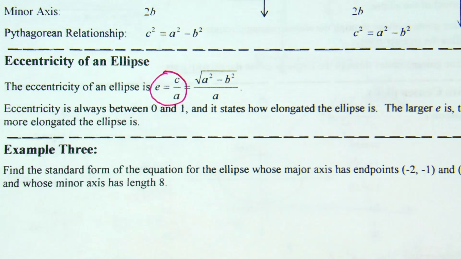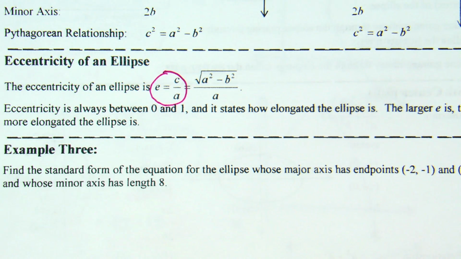So easiest to me is eccentricity is c over a. Eccentricity tells how elongated the ellipse is. It's always going to be between 0 and 1 on an ellipse. The larger the e value, the more elongated the ellipse is, the more stretched and skinny. That's what we're talking about with eccentricity.